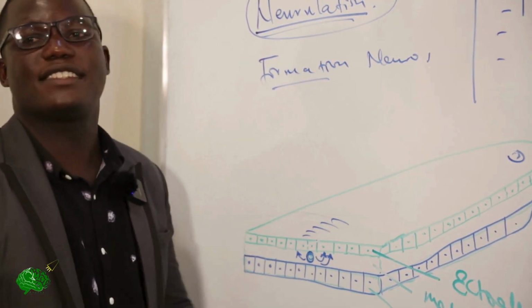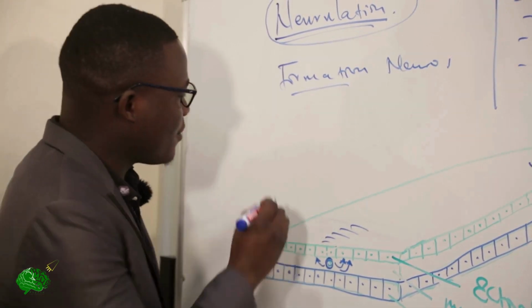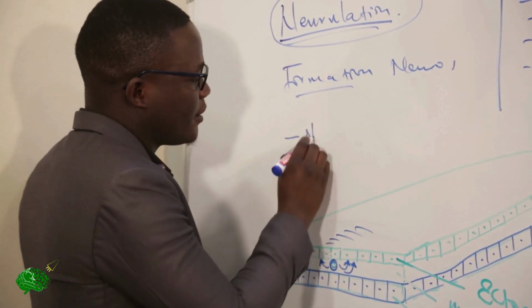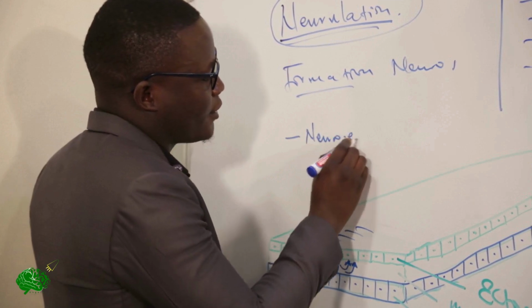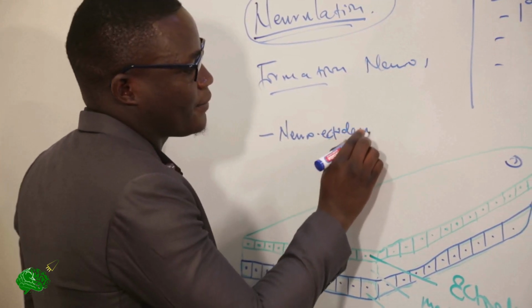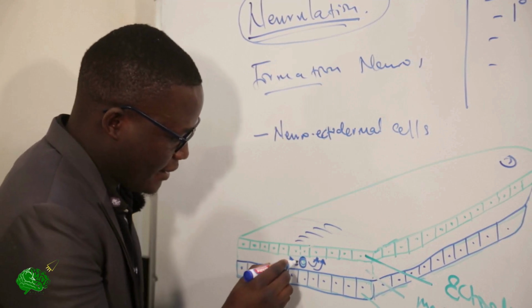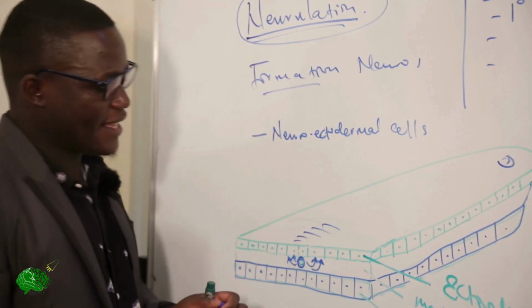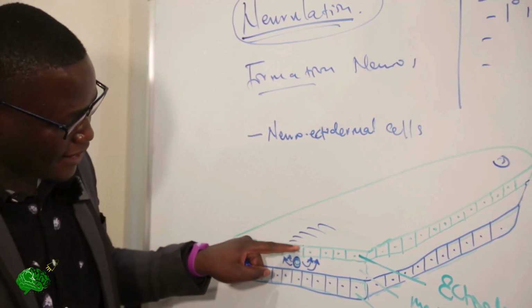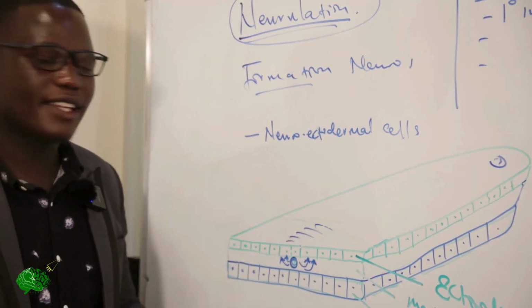What happens to these cells which overlie the notochord? They undergo differentiation, and when they do, they form what we call neuroectodermal cells. As these growth factors are being released, the cells overlying the notochord differentiate.